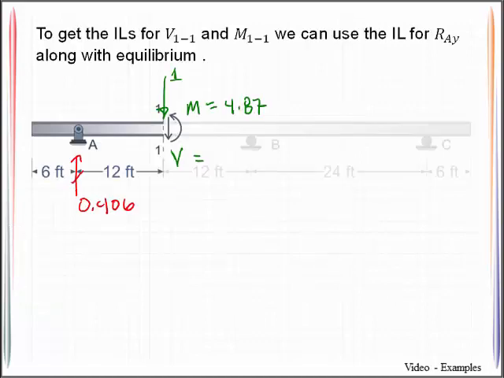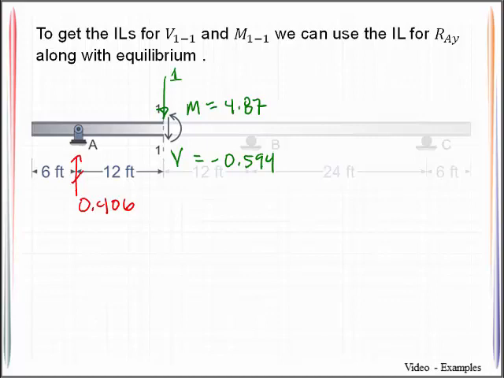Now moving on to the next location, I'm going to place that unit load just to the left of the cut at point 1. I can solve for the internal moment to be 4.87 given that reaction of 0.406. I can then solve for that internal shear to be negative 0.594.